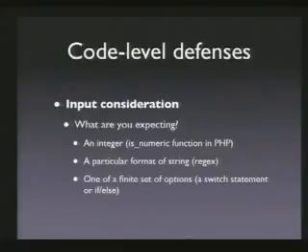For a particular format of string, you would use some kind of regex to check against that. An example might be if the input is supposed to be somebody's last name. There's going to be a certain number of characters, made up of alphabet characters, maybe a dash, maybe an apostrophe, possibly a space, but that's basically it.